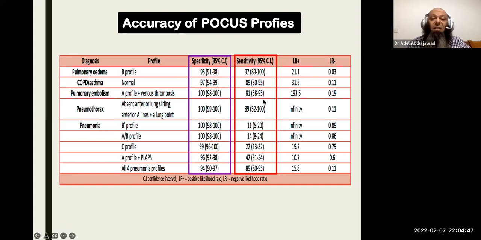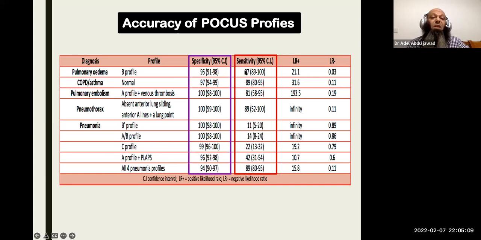Regarding the sensitivity, it is still highly sensitive, but with some profiles, especially the pneumonia profiles, it is lower. But again, if you combine, as you can see here, the 4 pneumonia profiles, the sensitivity goes up to almost 90%, so the minimum is 90%.